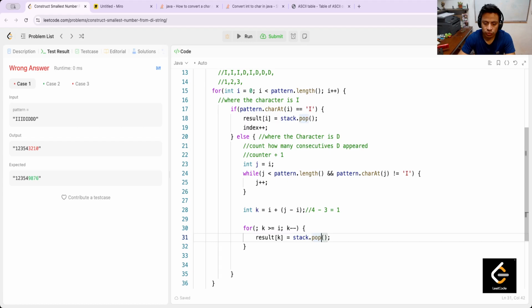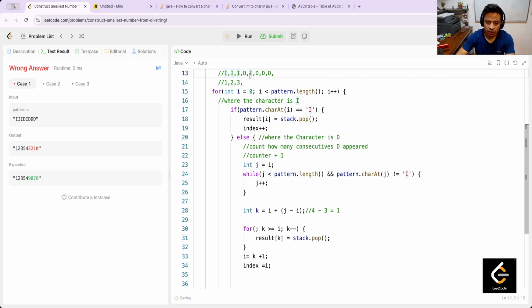And index equal to i plus 1, because k is this.